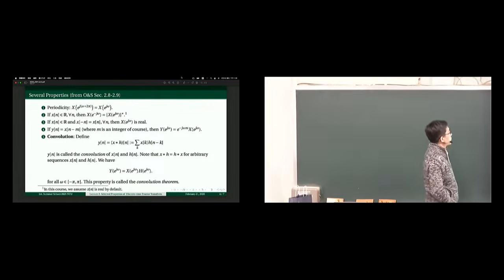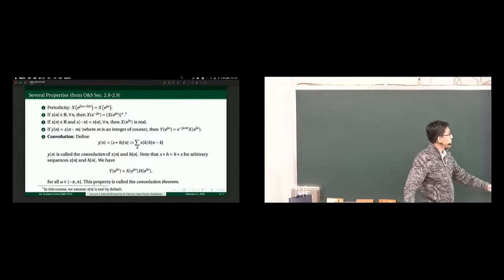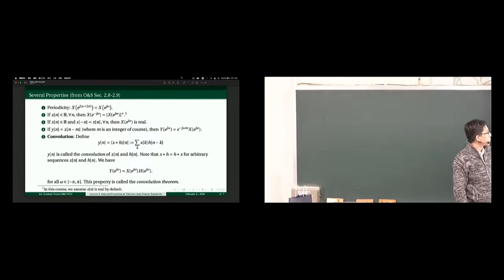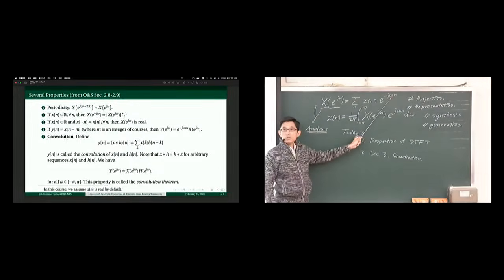The first property is periodicity. If you take a closer look at the definition over there, you'll soon realize that if we evaluate the spectrum at a frequency plus 2 pi, the result is the same. If you replace omega with omega plus 2 pi or 4 pi or 6 pi, the result will be the same because n are integers.